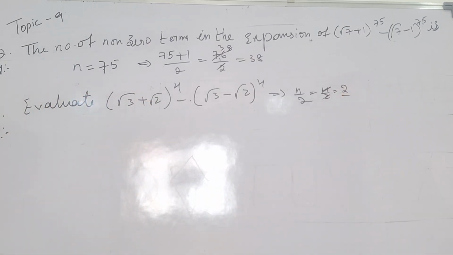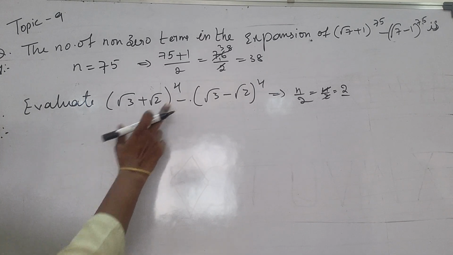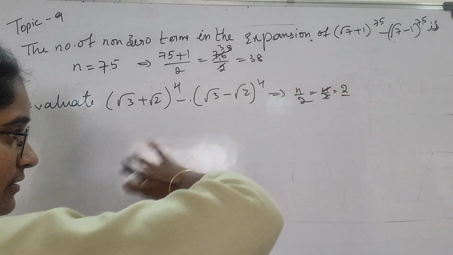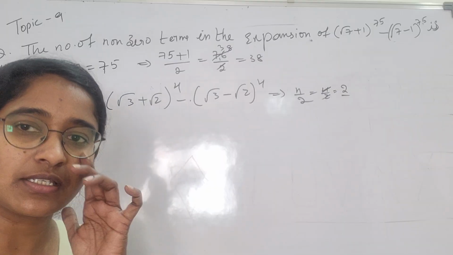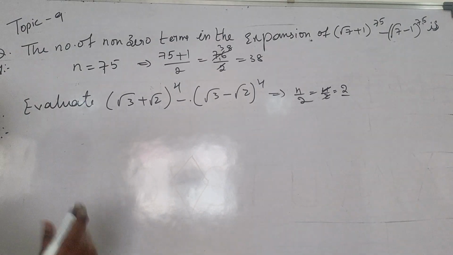And so if it is minus, then we will get all the odd terms, right? If it is plus, here is no plus. Plus means all even terms we get. But if it is minus, then all the odd terms we are going to get. Okay.